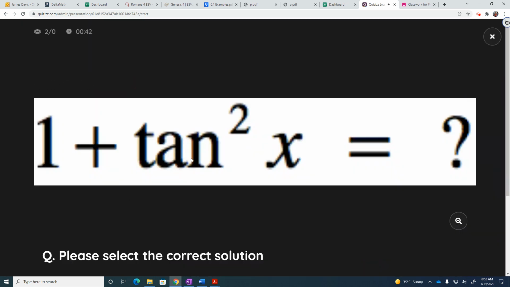Alright, so this is one of the trig identities. It's a Pythagorean identity. Anytime you see a square and a 1, it's probably a Pythagorean identity, whether it's a sine, cosine, tangent, secant, something like that. And it's a square and a 1 or negative 1 or minus 1. It's got to be an identity.